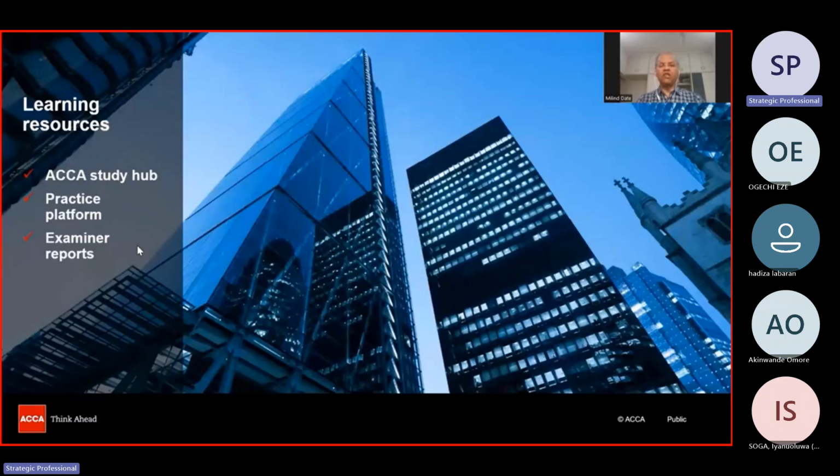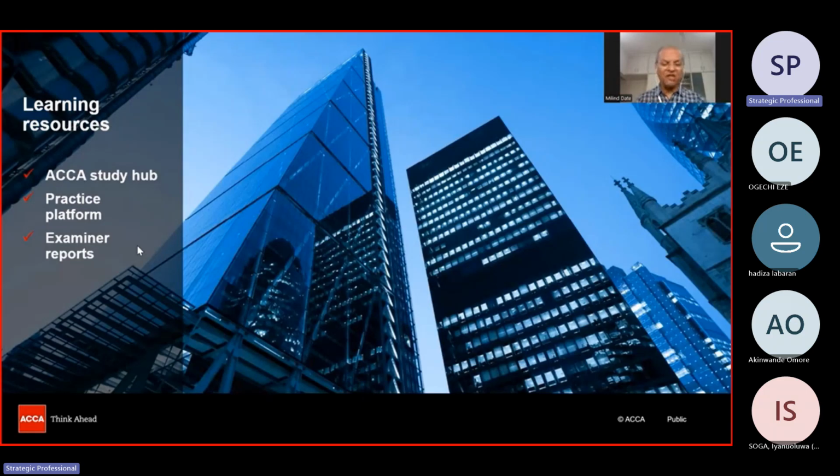What are the resources that you need to use? Obviously, I need not overemphasize using ACCA Study Hub. You will find good learning material together with illustrated examples, and some of the examples are taken from live cases, along with your quizzes and practice questions.